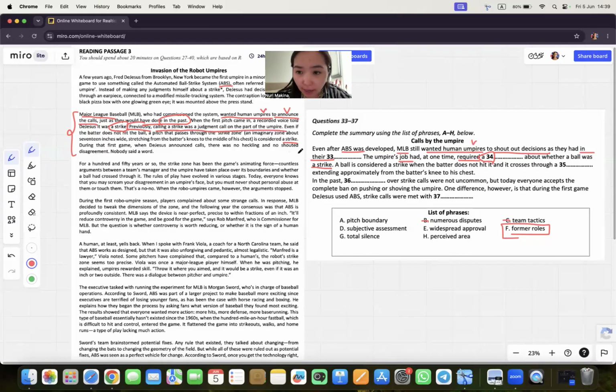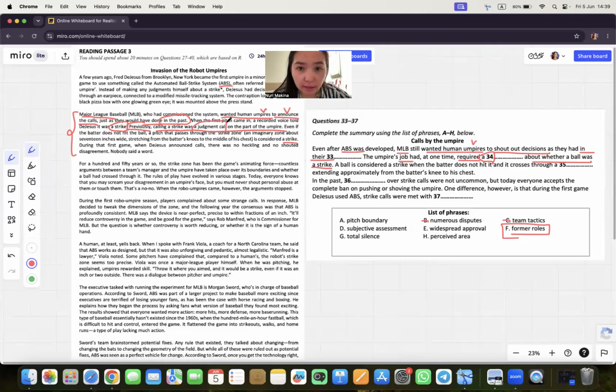It seems like this one, about whether a ball was a strike. So as you can see, they match. So calling a strike was a judgment call. Judgment call is the other way to say whether a ball was a strike. So the answer required a judgment call.